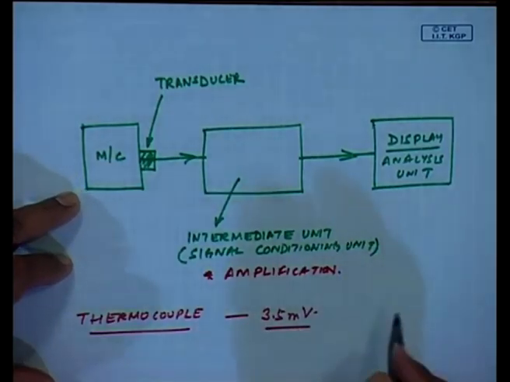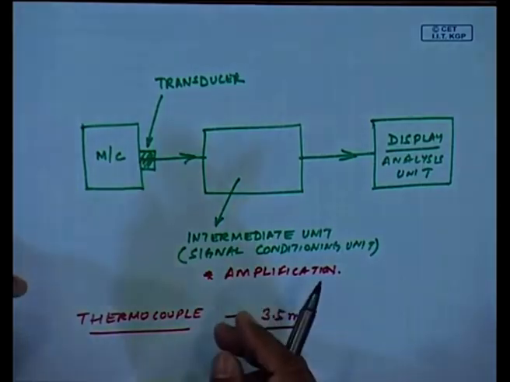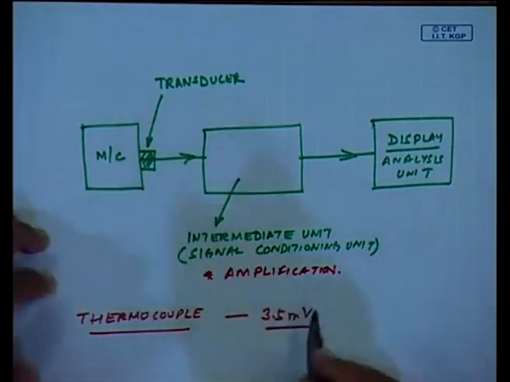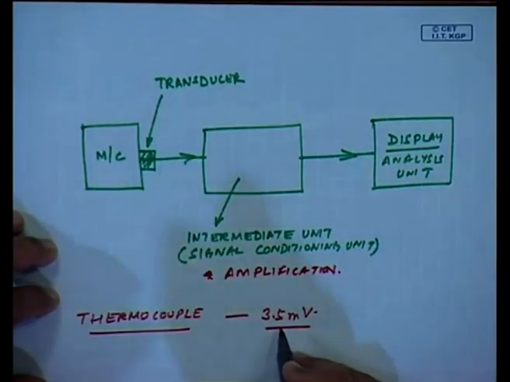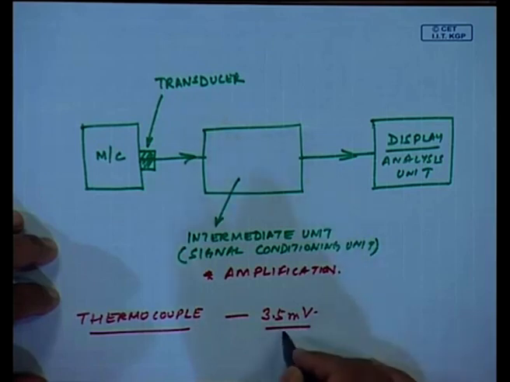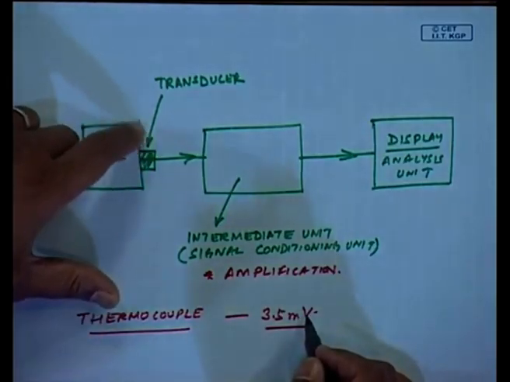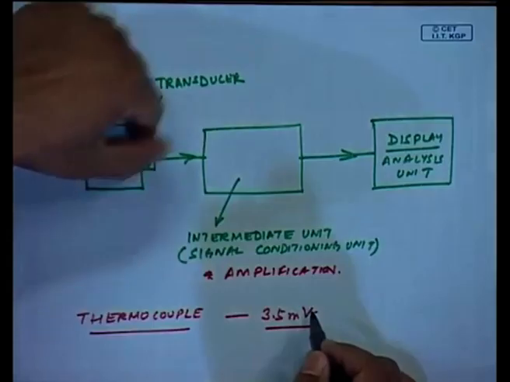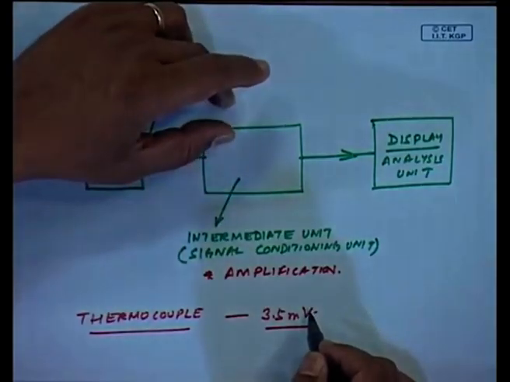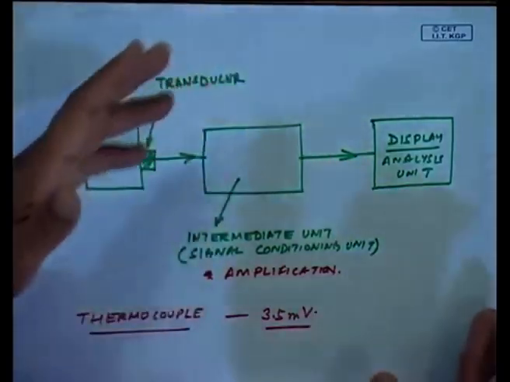If you recall the measurements done by a thermocouple, when the temperature increases, this voltage output will increase, but 3.5 millivolt will never become 10 volts. It goes from 3.5 millivolt to maybe 2 volts and so on. So, the range of the output produced by the sensing element may be from 0 to 2 volts, which may be very small compared to the range of display which I could have.